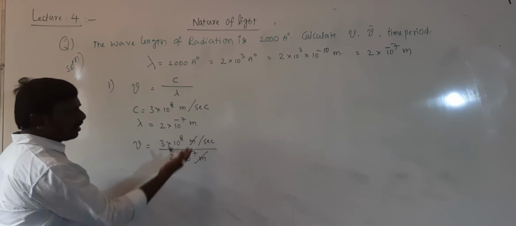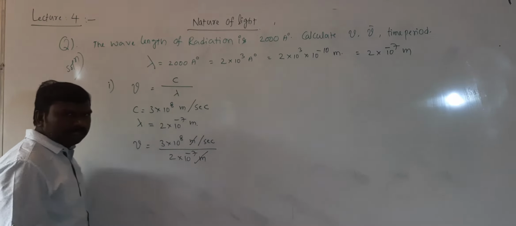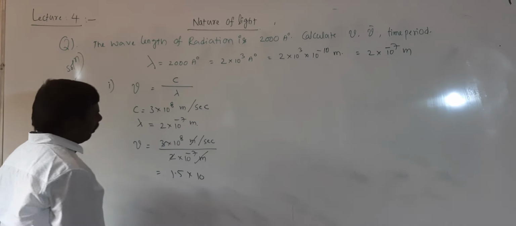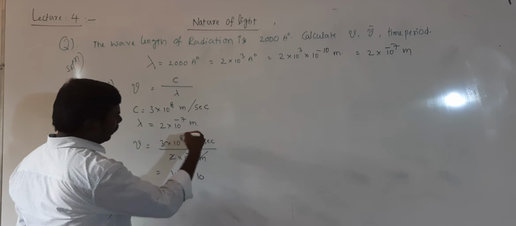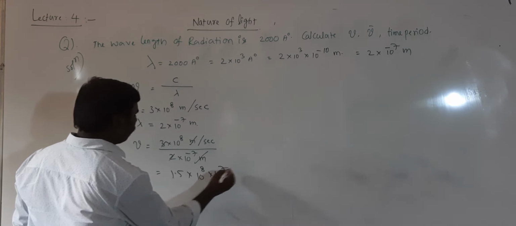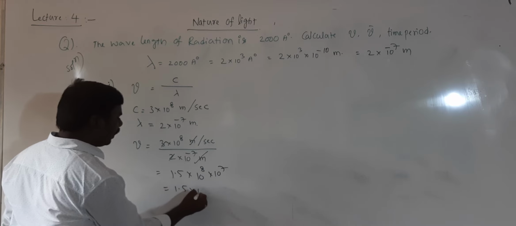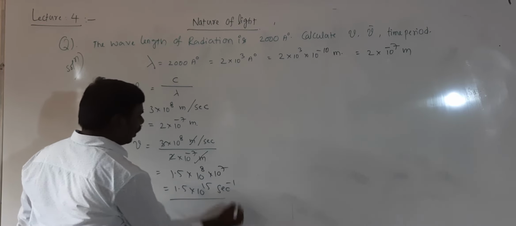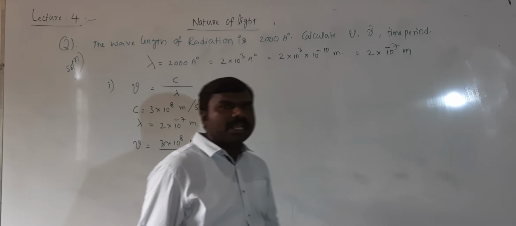Meter cancels meter, per second is left, that is second inverse. So you will get 1.5 into 10 to the power of 15 second inverse, or hertz, or cycles per second.